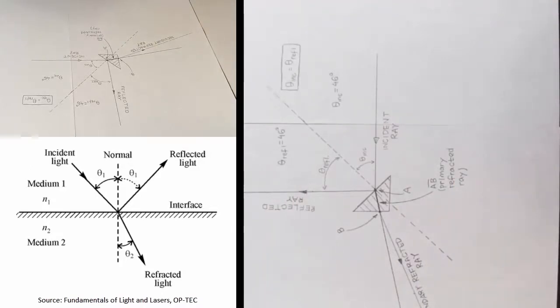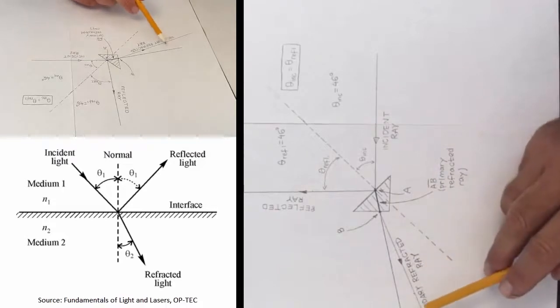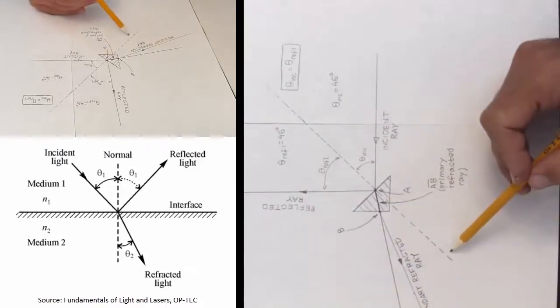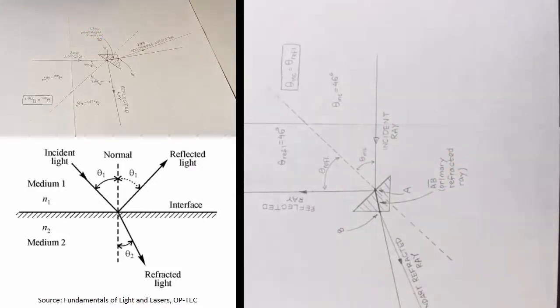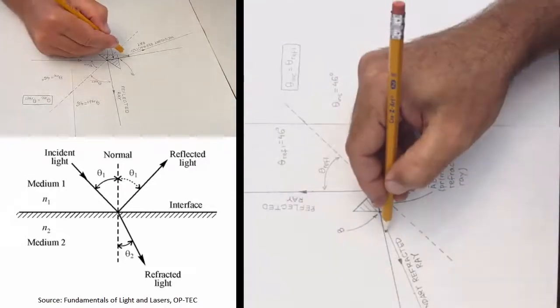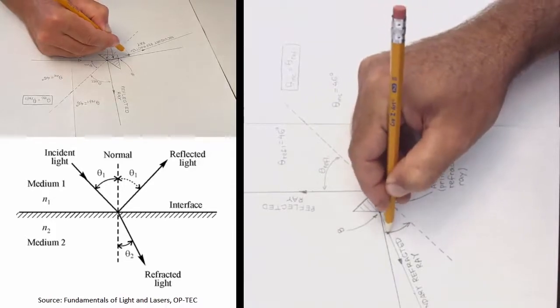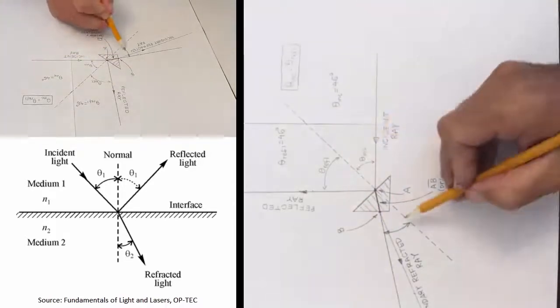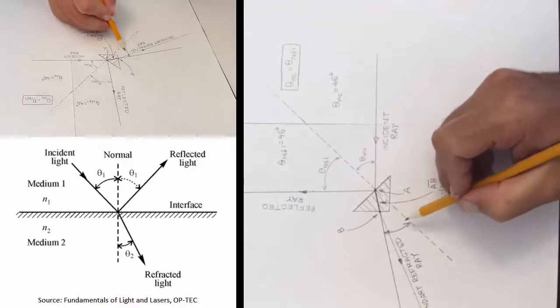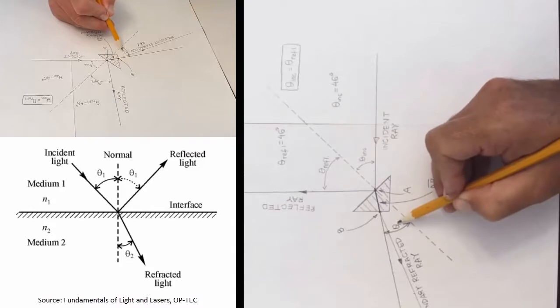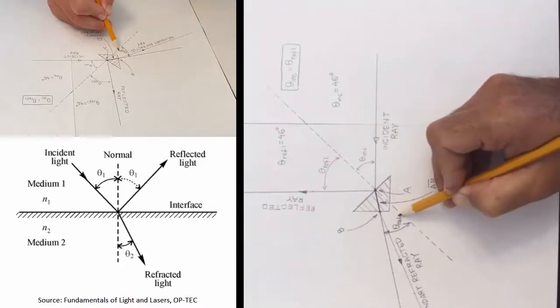Now my refracted angle is going to be the angle that the primary refracted light ray makes with the axis perpendicular to the surface of the prism, which is going to be this angle here. So this angle here is going to be labeled as theta refracted.